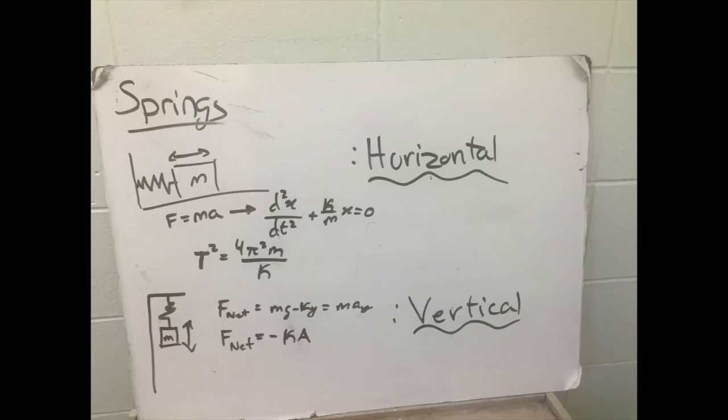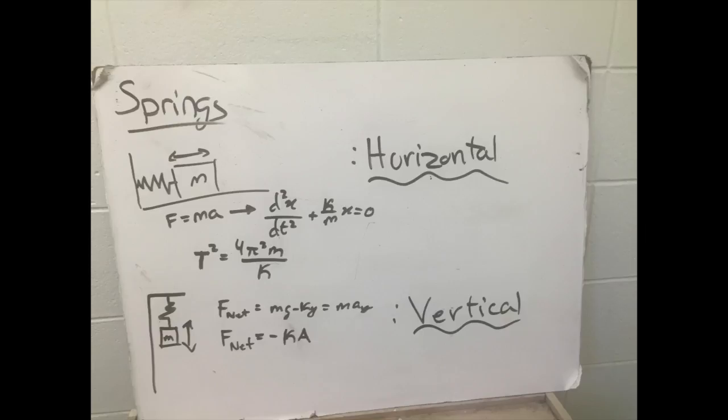One period would be 2 pi square root of m over k. But in this case, we want to look at the relationship of T squared because we want a linear graph. We're linearizing it.